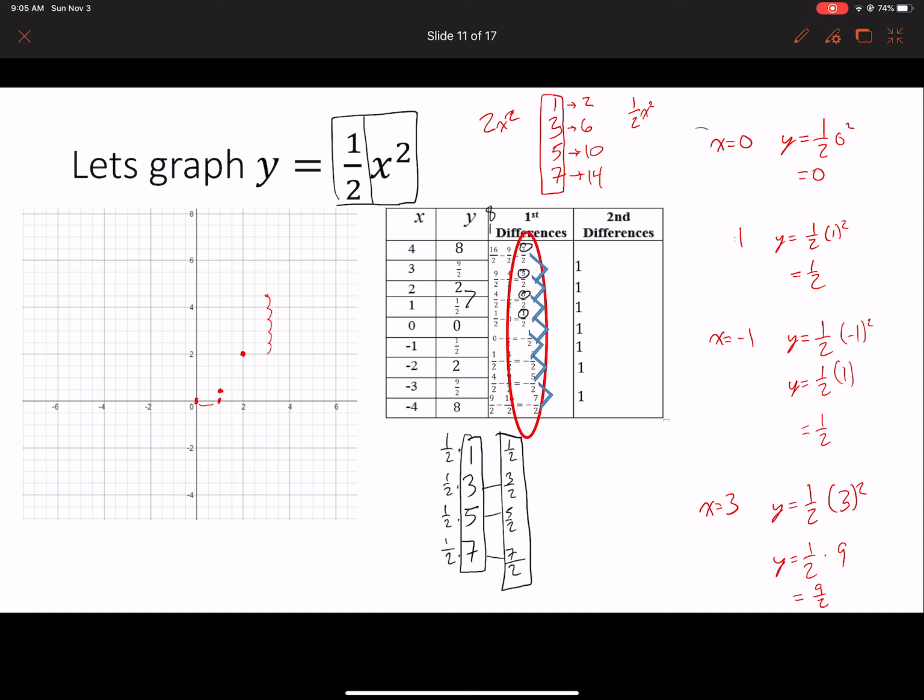Our next step will be 7 over 2. 1, 2, 3, 4, 5, 6, 7 over 2. And this is now our parabola. It's kind of a compression. Symmetric on both sides.